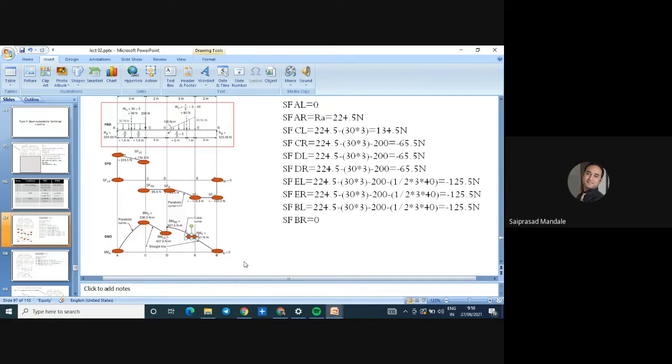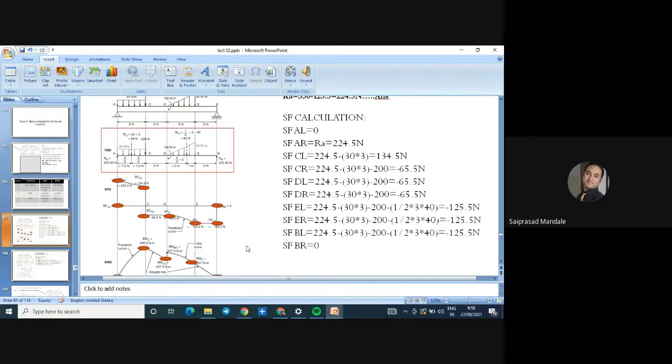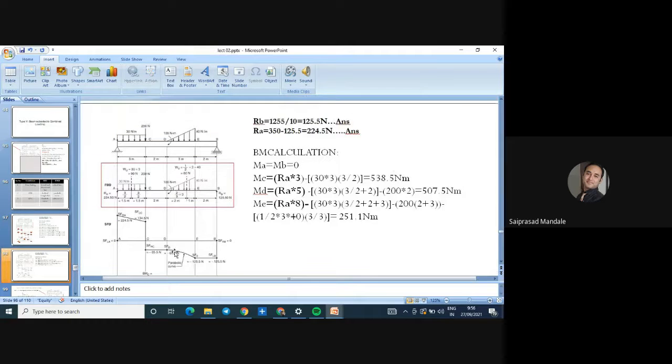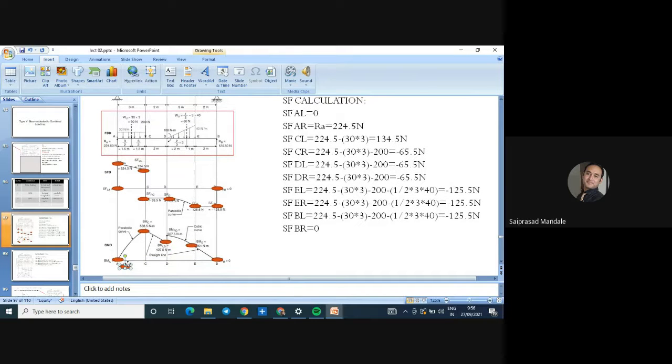Why have we gone like this? We have put this 538, 507 and 250. Okay, so here it is 507, and let us take the sign convention.